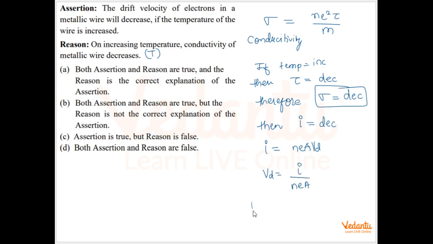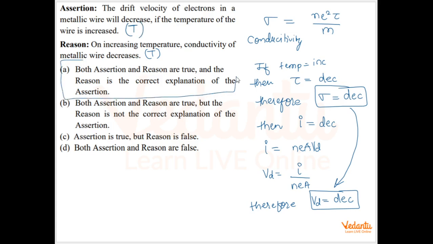You have to realize that if current is decreasing, then the drift velocity will also decrease. So as a direct consequence of conductivity decreasing, we can say that drift velocity will also decrease. So the assertion is also true, and we can say that option A is the correct answer. Assertion, reason, both are true, and reason explains the assertion.